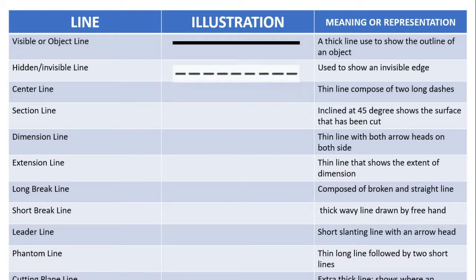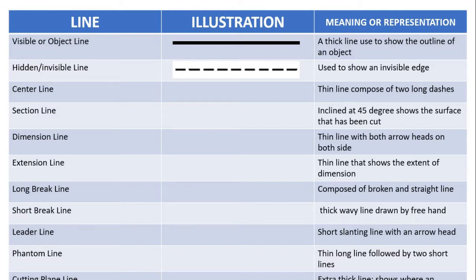Next, hidden or invisible line, used to show an invisible edge. So for example, meron tayong idinodrawing na apple. Okay, next, hidden or invisible line, used to show an invisible edge. So for example, we do have the visible object line.